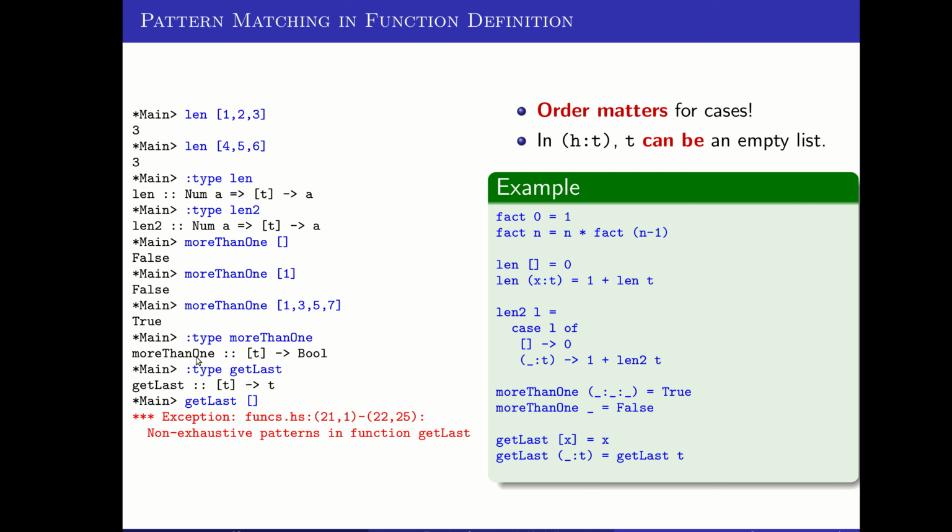The function will work fine when given values that do match its patterns. We won't know something is wrong until we try to evaluate that function with something that does not match any of its patterns. So this can be very deceptive and lead to bugs in your code that you don't realize are there until much later.